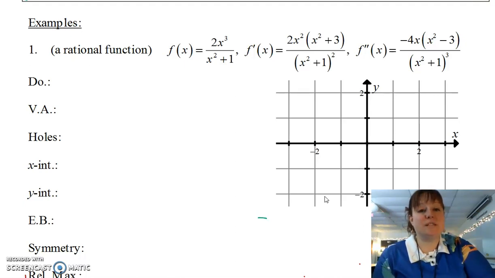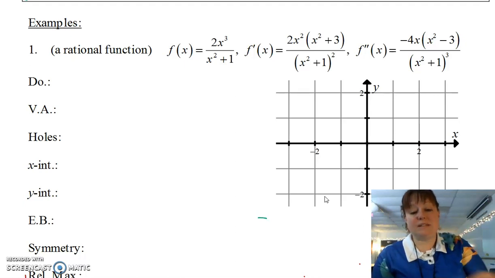domain restrictions exist anywhere where we do anything illegal in math, right? And the two things that are illegal are dividing by 0 and taking the square root of a negative number. So we look at this and we say, okay, are we ever taking the square root of a negative number? No, because there's no square roots. Then the second thing is, can we ever divide by 0? No, because that denominator is x squared plus 1.